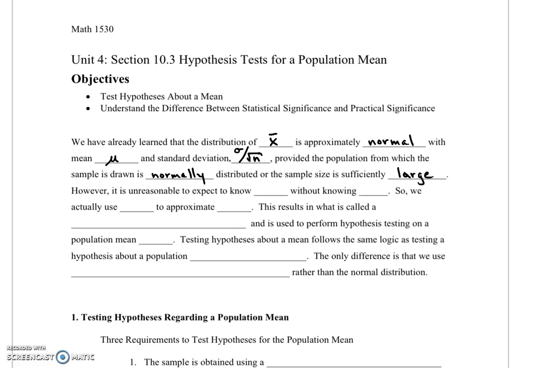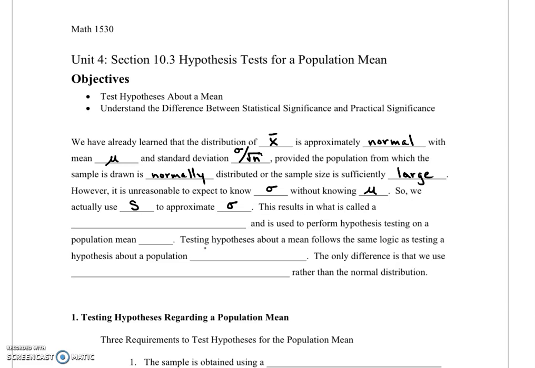The problem is it's unreasonable to expect to know sigma without knowing the mean. So we actually use the sample standard deviation S to approximate sigma.